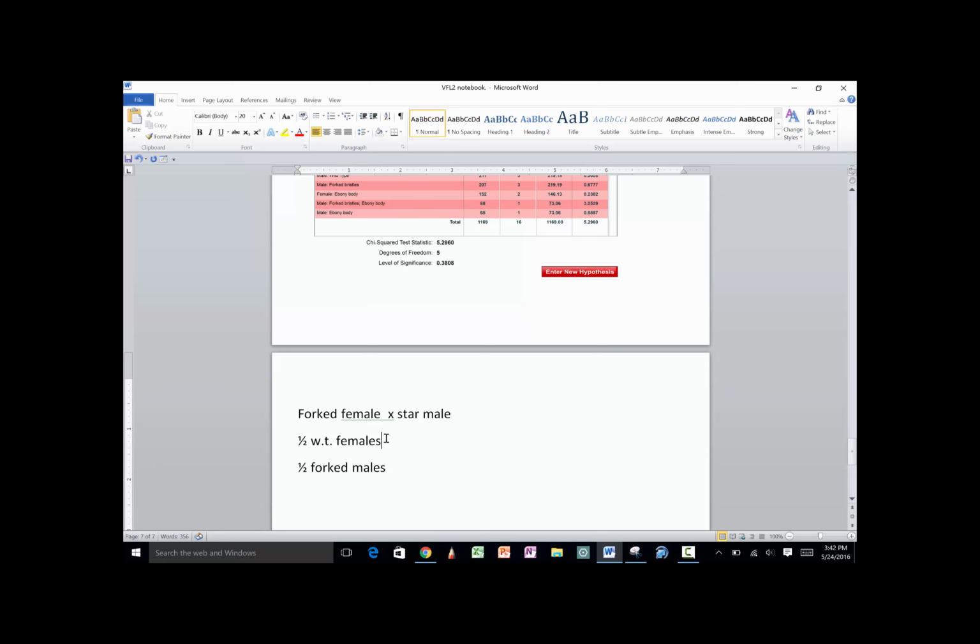Of these, 1/2 will be star, and 1/2 will be wild type for star. So what we want to do is take a star female, which is going to be heterozygous for star and heterozygous for forked, and cross that to a star male.